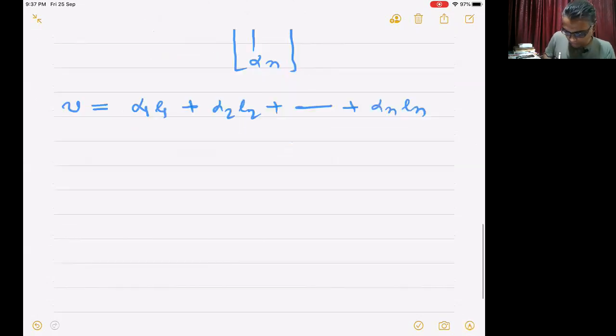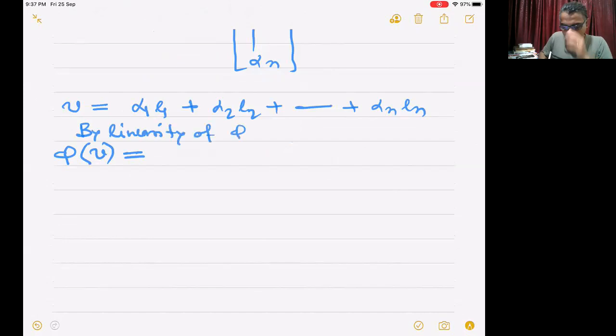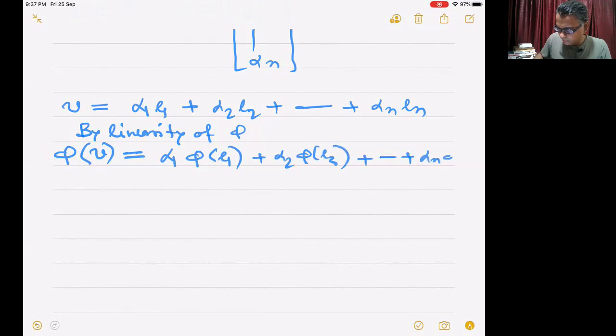So when my linear map phi acts on this V, by linearity of the map phi, we get alpha 1 phi E1 plus alpha 2 phi E2 plus dot, dot, dot, alpha n phi En.